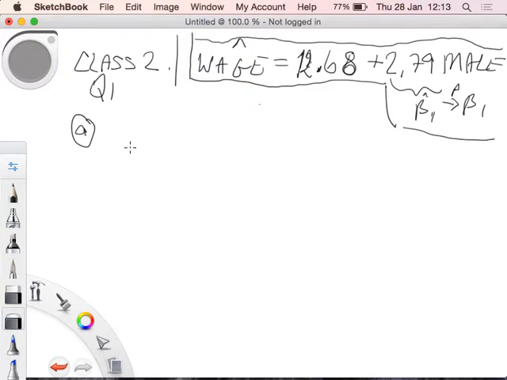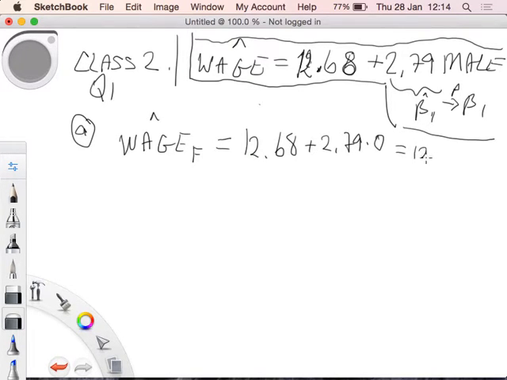Let's take the average wage for females first. It's basically 12.68 plus 2.79 times the variable male, which will now take 0 because it's a female. We're looking at the female average wage. This gives us $12.68 per hour.